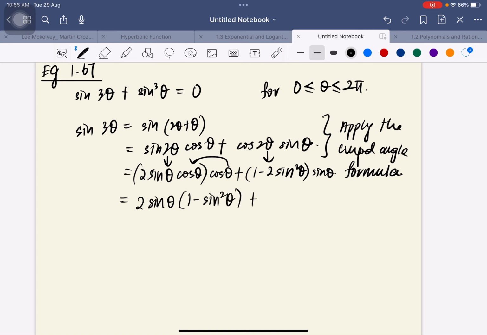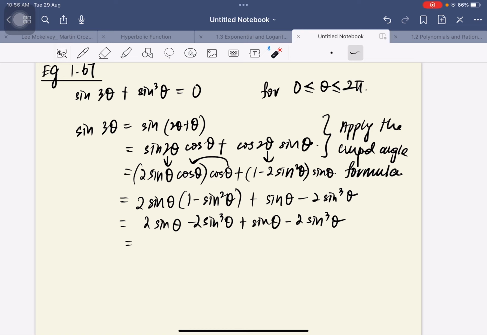Okay, and I expand sin theta minus 2 sin cube theta. So this will give us 2 sin theta when we expand, and minus 2 sin cube theta, plus sin theta minus 2 sin cube theta. So 2 sin theta plus sin theta gives you 3 sin theta, minus 2 sin cube theta minus 2 sin cube theta, minus 4 sin cube theta.